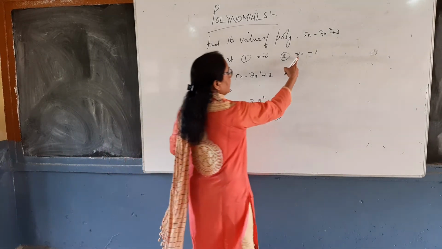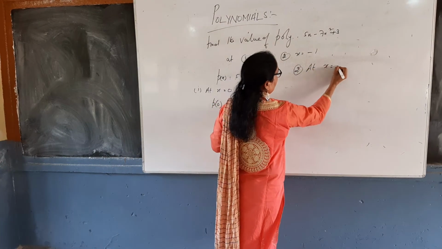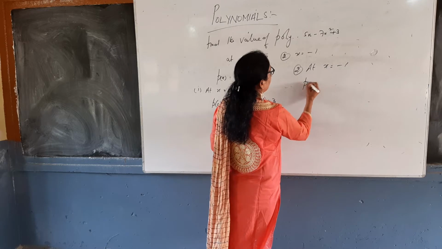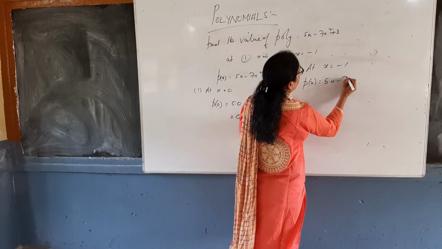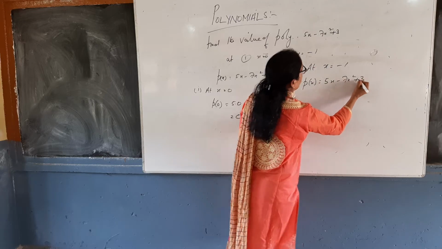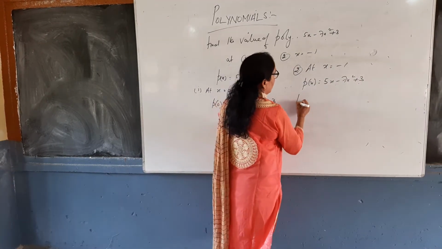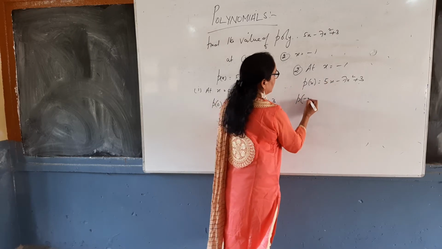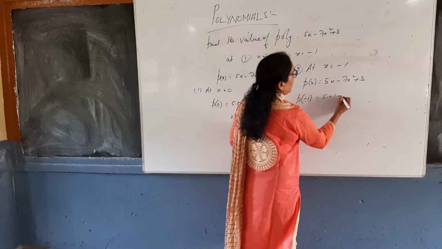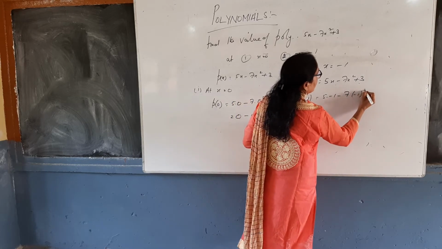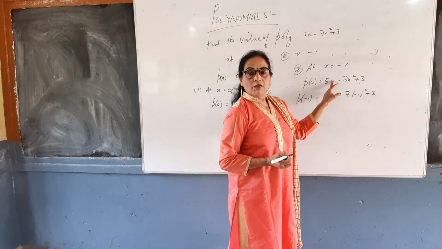Then the second condition, at x equal to -1. Again p(x) is given as 5x - 7x square + 3. So we will replace x by -1. Here 5 into (-1) - 7 into (-1) square + 3. Just replace x by its value -1.